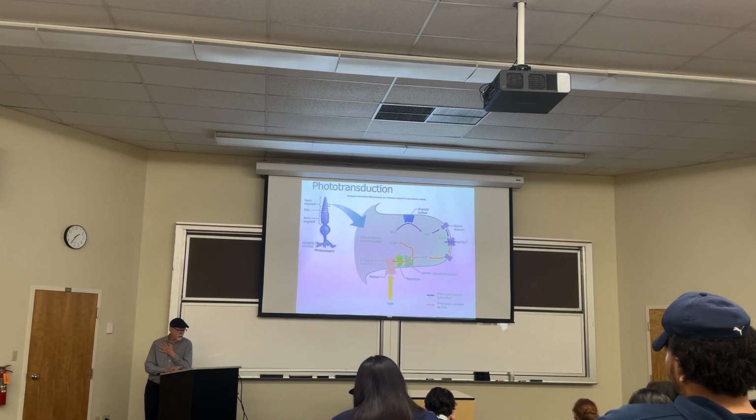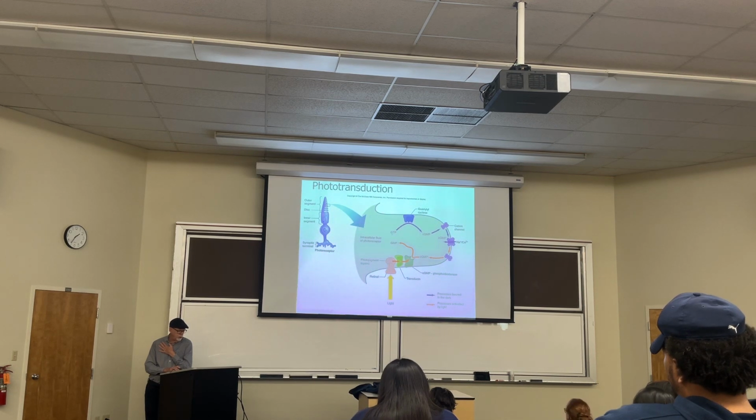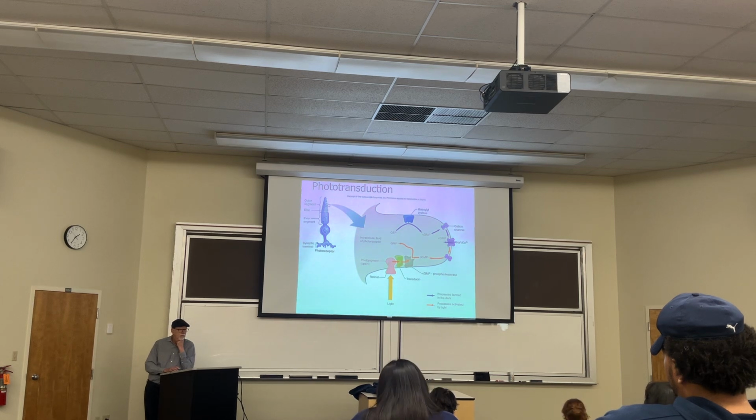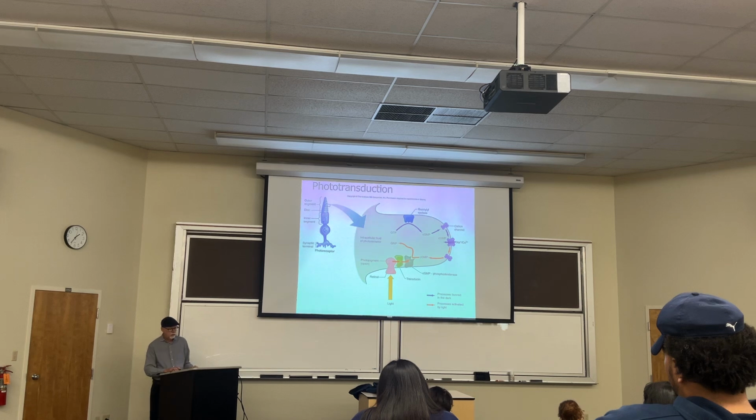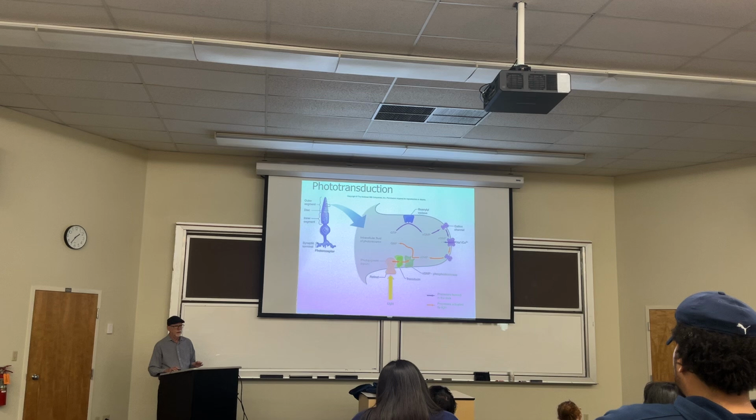This is due to an enzyme, guanylyl cyclase, converting GTP to cyclic GMP. The cyclic GMP causes sodium and calcium channels to be opened in the membrane. Sodium and calcium will go down their concentration gradient into the interior of the photoreceptor. This will cause that dark current, that depolarization in the dark. So that's the initial condition.